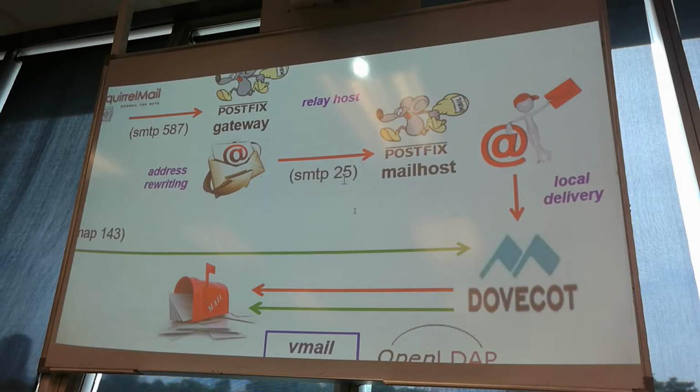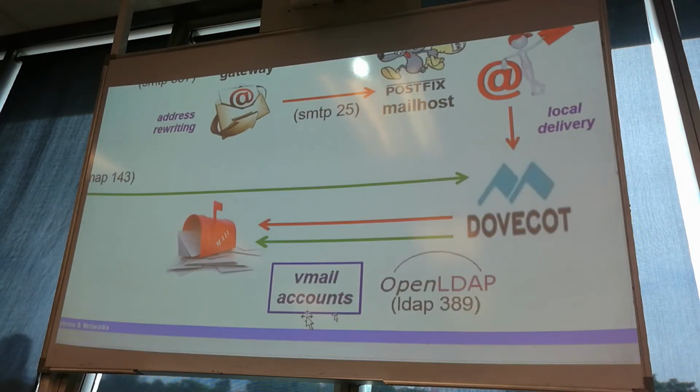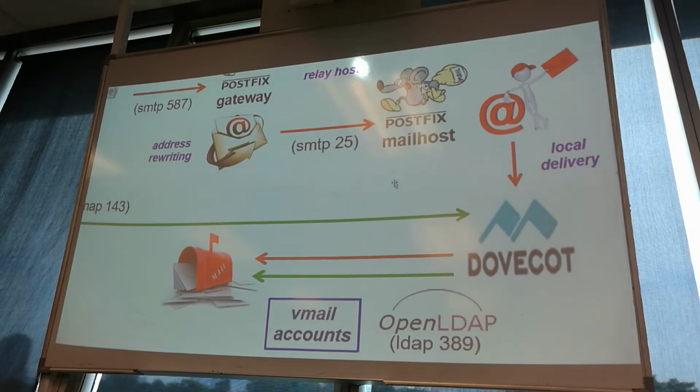It's going to examine that and say, yes, I am mailhost.tinynet.edu. So I'm going to try to do local delivery of this to the appropriate mailbox. And that appropriate mailbox should be somewhere in my list of Vmail accounts.